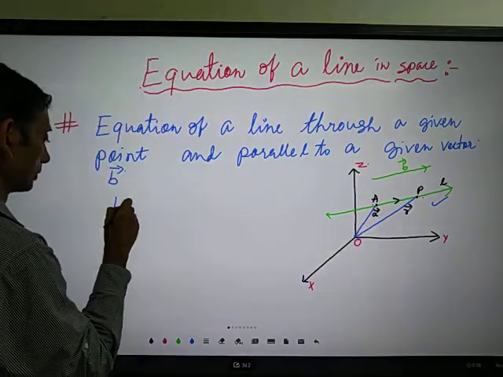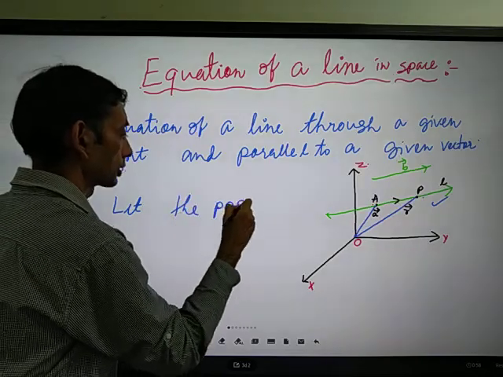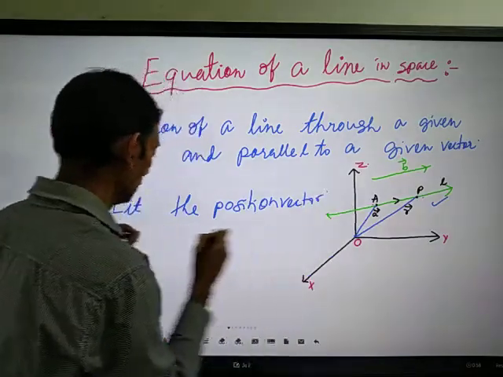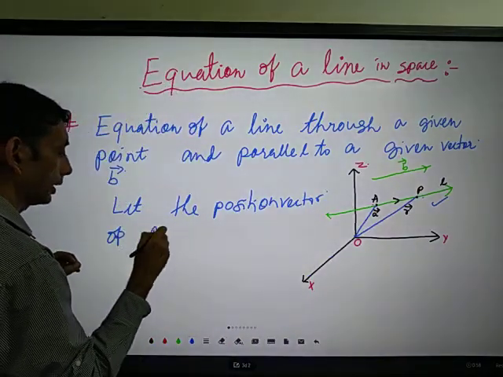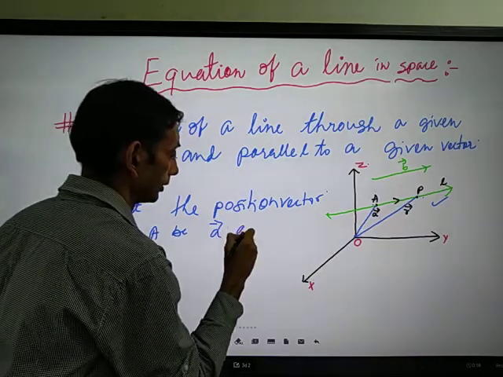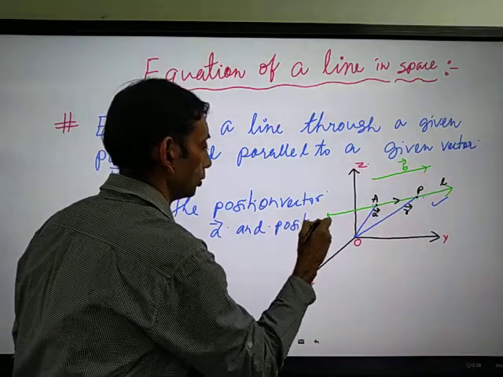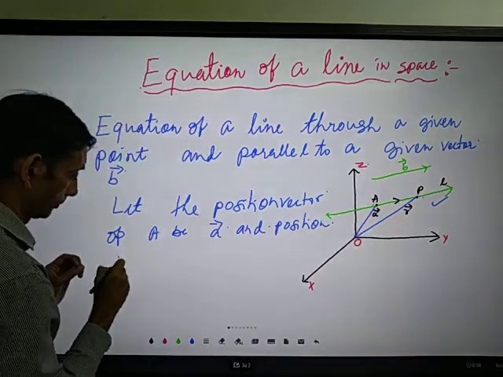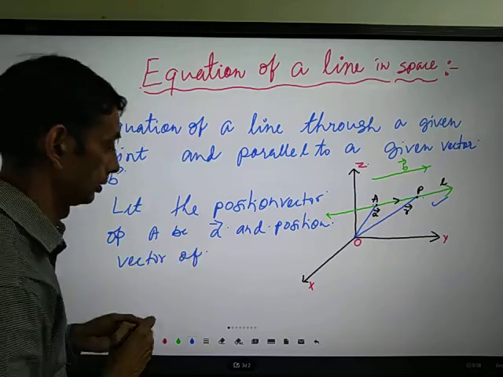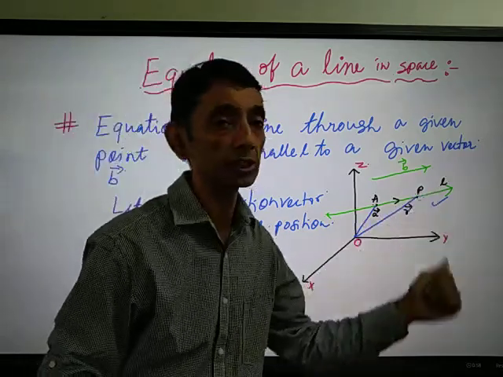Let the position vector of A be a, and the position vector of P, which is arbitrarily chosen, be r.